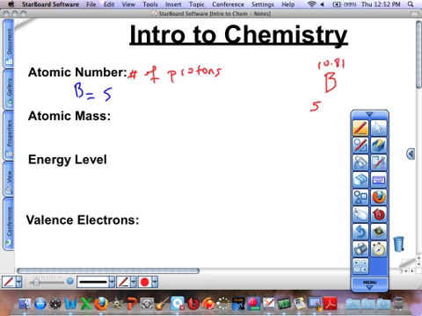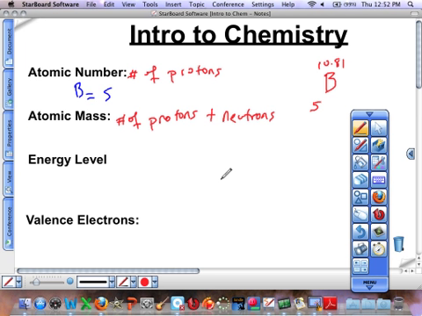Okay. Now what that is, the atomic mass is the number of protons and neutrons. Here's the thing that gets kind of weird. The atomic mass is 10.811, and that really is an average of different numbers. We'll get into that later.